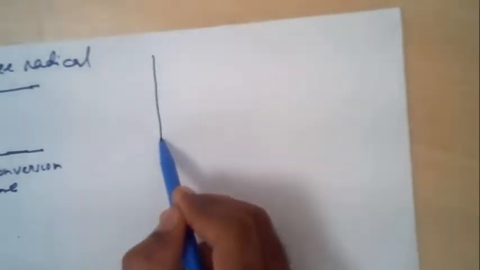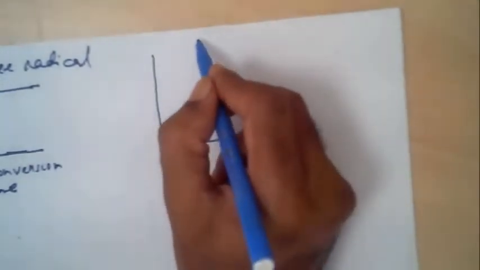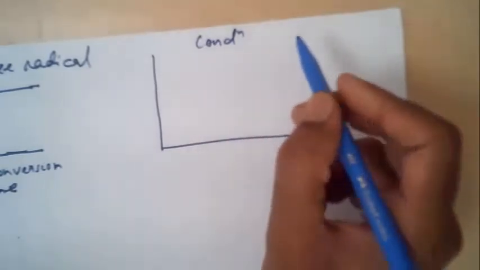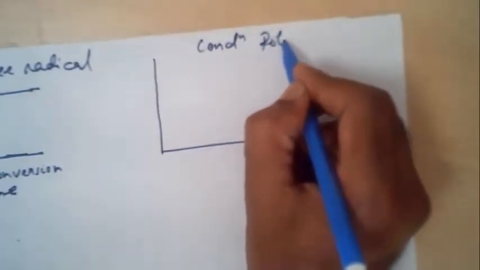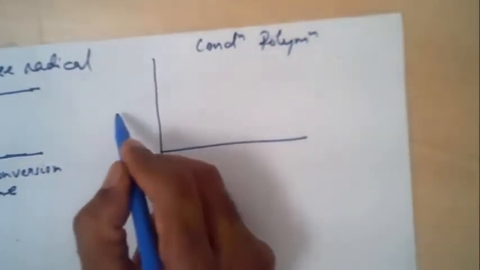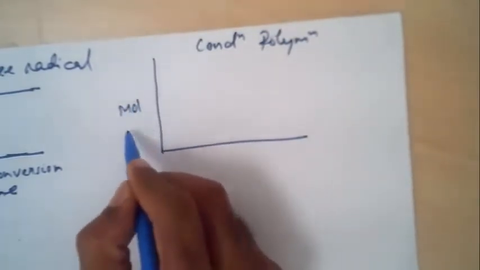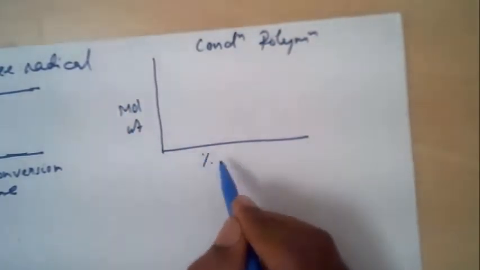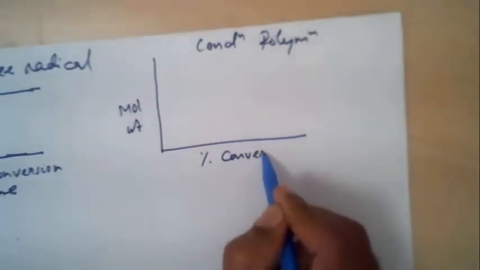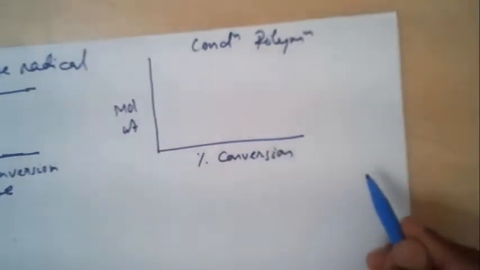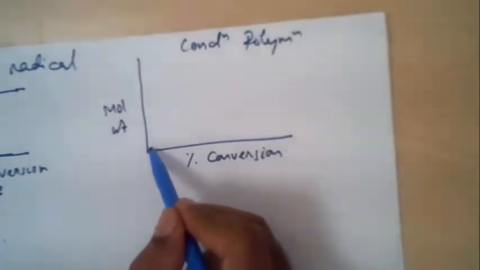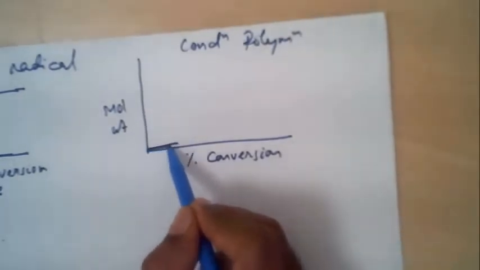Whereas in condensation polymerization, molecular weight versus conversion, this is quite slow.